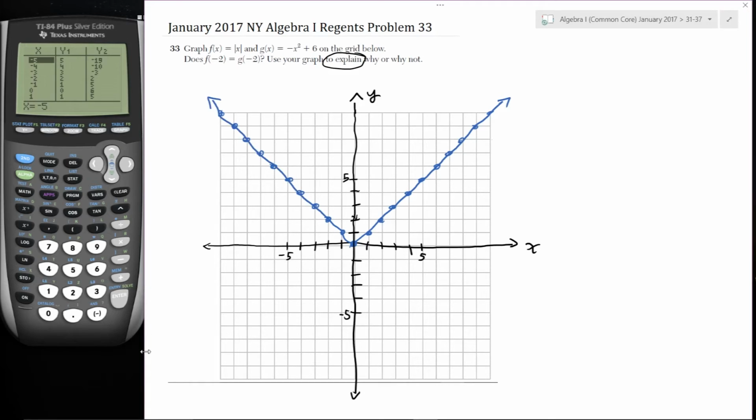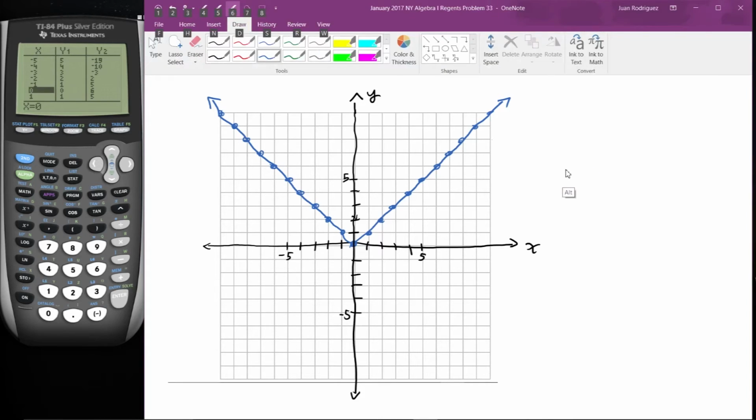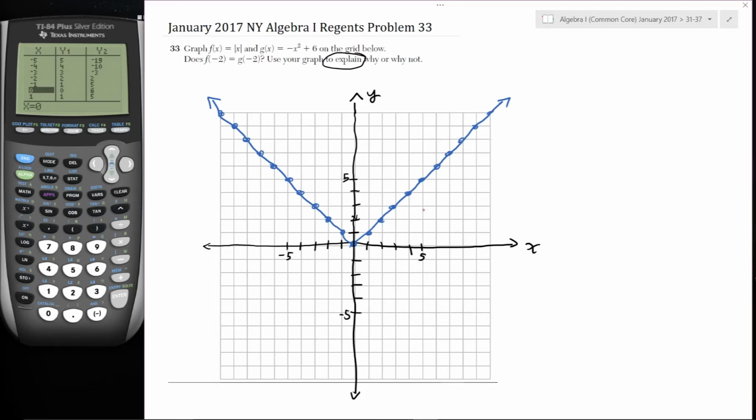Okay, cool. And then the parabola, y equals negative x squared plus 6. So let's get to 0. Okay, I'm going to change to the red marker. And so I go to 6, then to 5, then to 2, then to negative 3, then 4, negative 10.